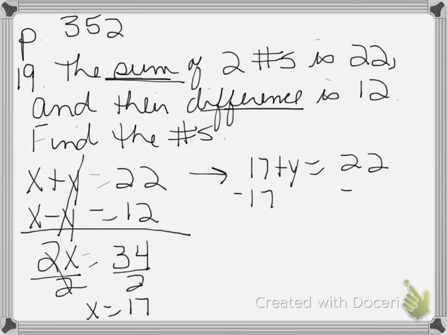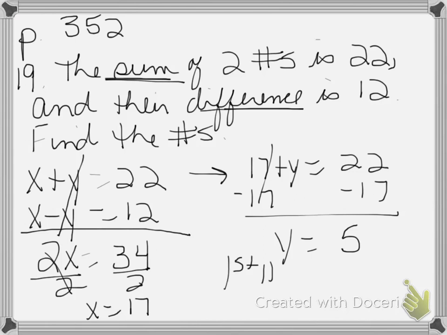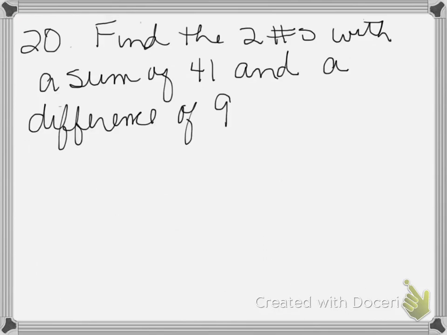Subtract 17 on both sides, and I get y is equal to 5. So, first number is 17, second number is 5.